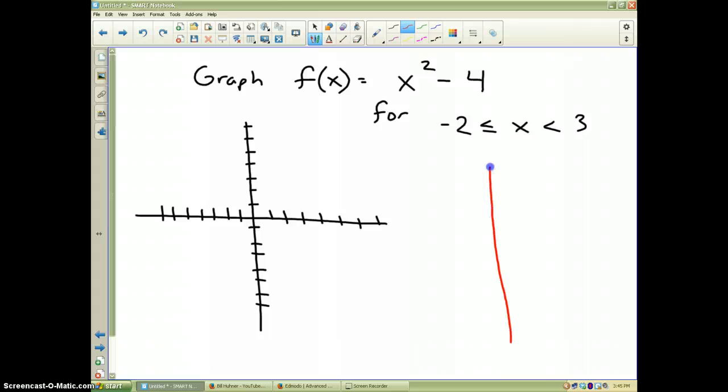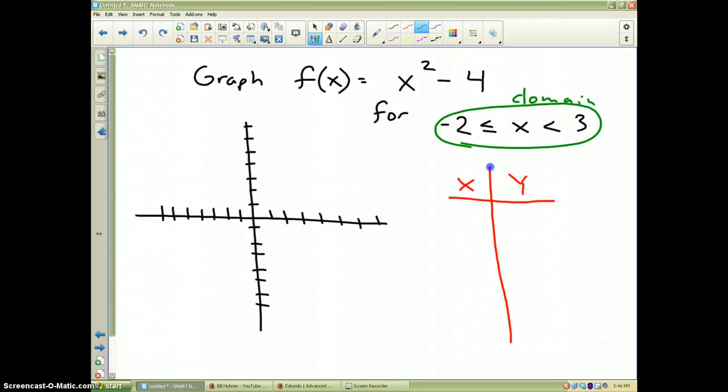Now, what I would recommend, once you get the hang of function notation, is to make a t-table for the ordered pairs that you're going to plot for your particular graph. Again, what I'm circling is the domain. Those are the x values.